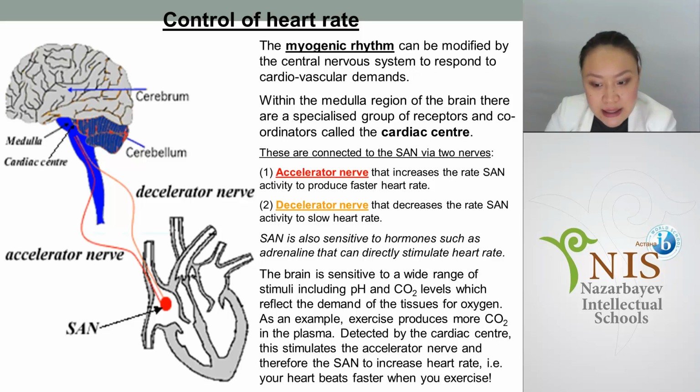SAN, as we already said, is the sinoatrial node. It's also sensitive to hormones such as adrenaline that can directly stimulate heart rate. Where is the SAN situated? What do you think, in the left atrium?